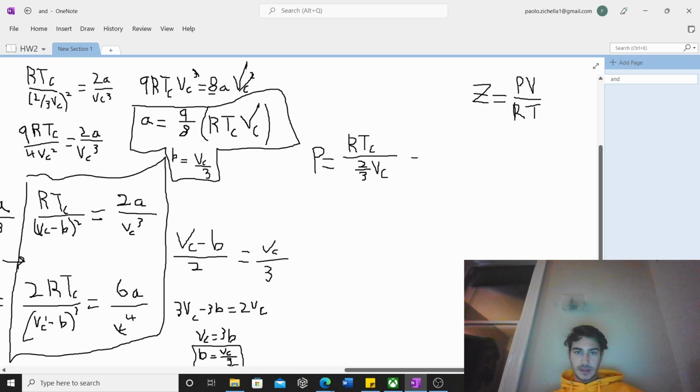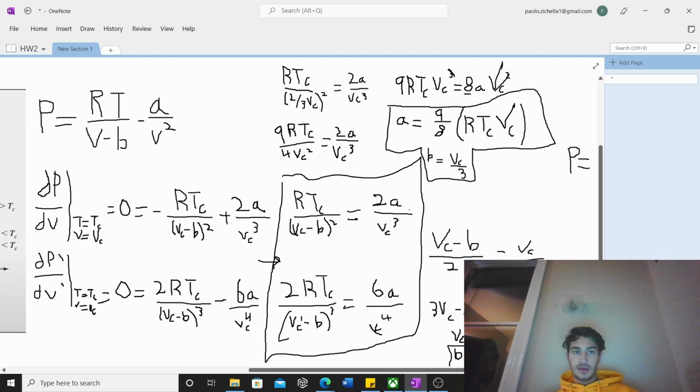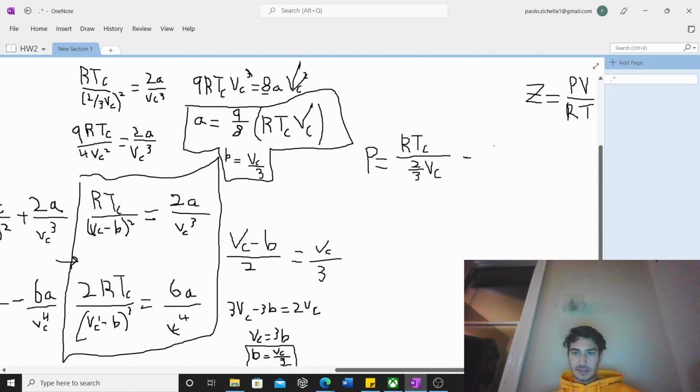And this is minus A over V squared, but the A is now 9/8 of R times the specific temperature at the critical point times the specific volume, over the specific volume squared.